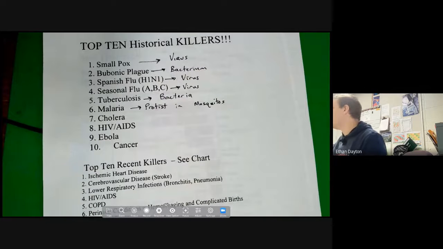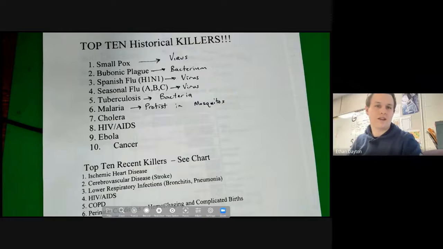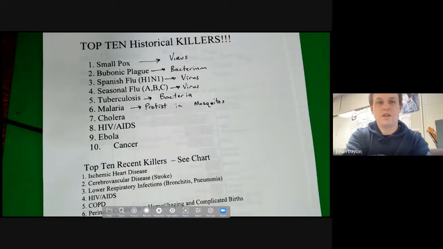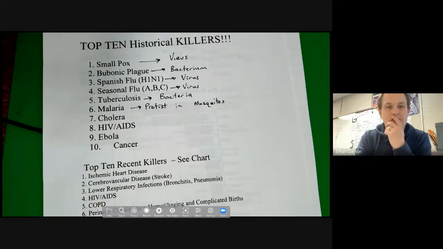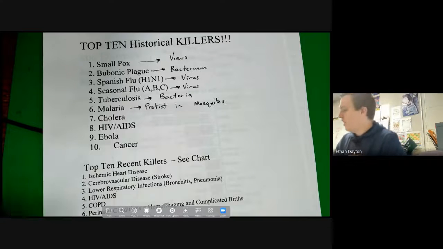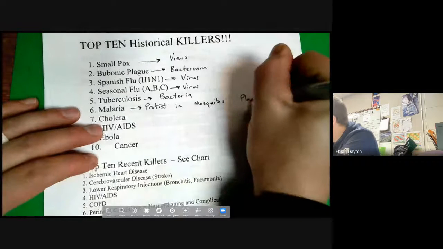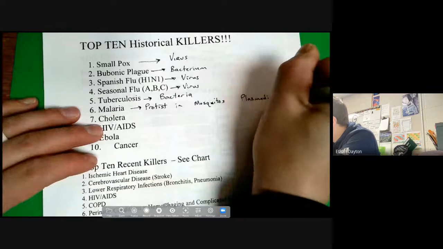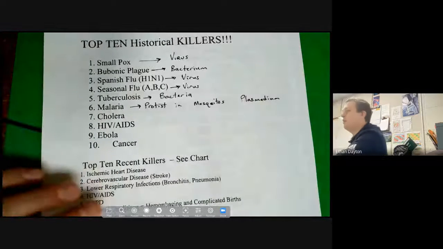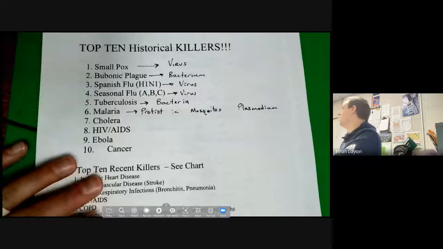The protist that causes malaria is Plasmodium. We will look at Plasmodium under a microscope, and it affects blood cells.